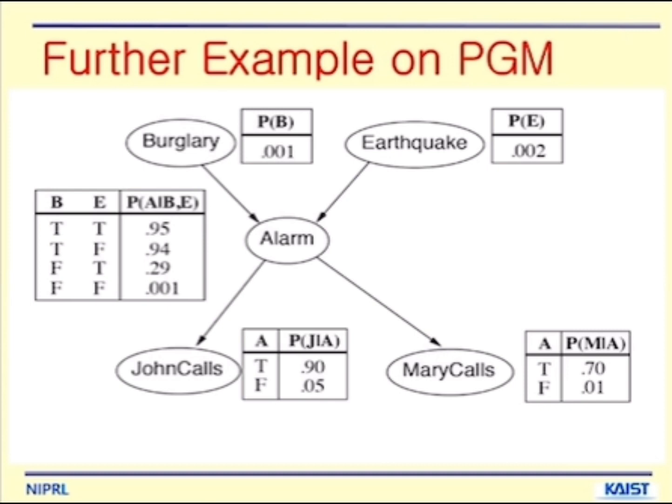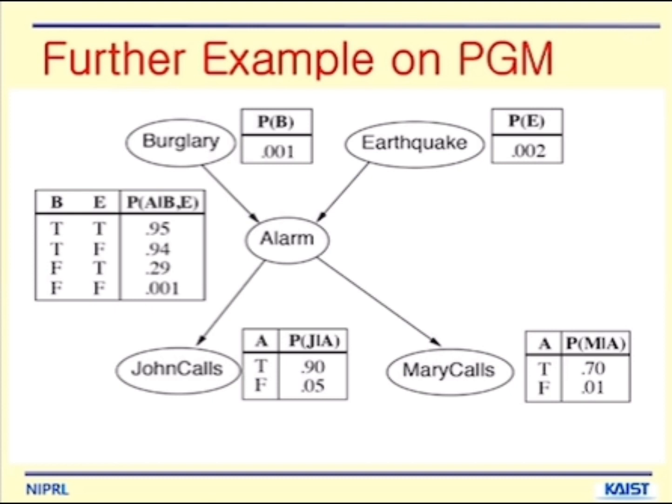Now, when you take a look at this network that I'm showing, we have some probabilities associated with each node. Of course, it's either there's burglary or not. The probability that there's going to be burglary is 0.001, which is very, very small. How did they get that? That is based on past antecedents. The data set that we normally collect is historical.